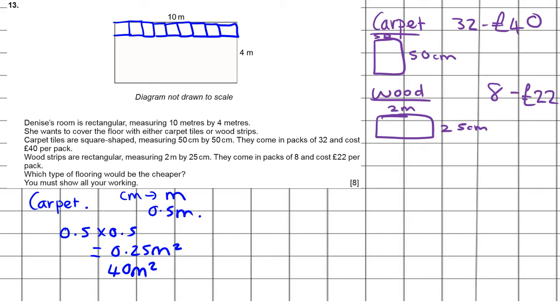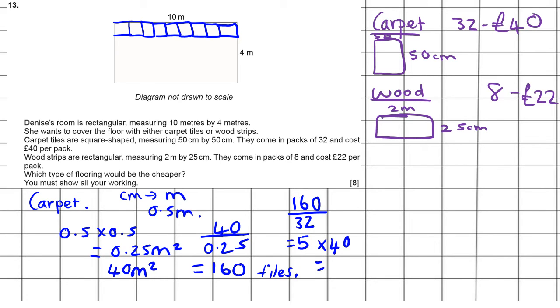So 40 divided by 0.25 gives us 160 tiles. They come in packs of 32, so 160 divided by 32 gives us 5 packs. So 5 times £40 per pack gives us £200 for the carpet.